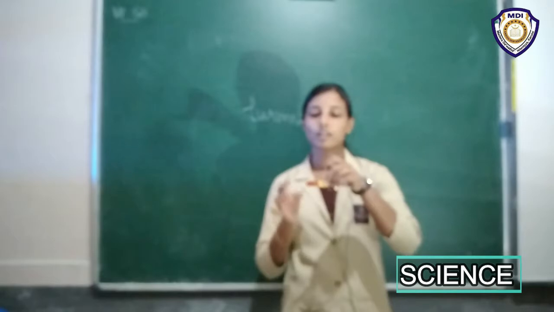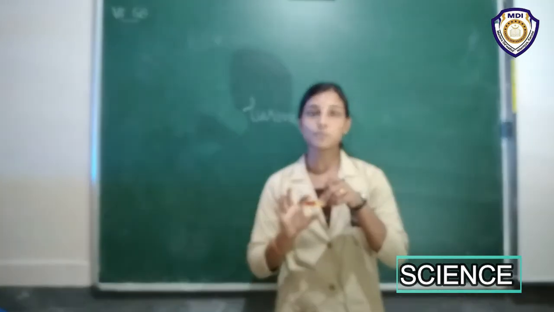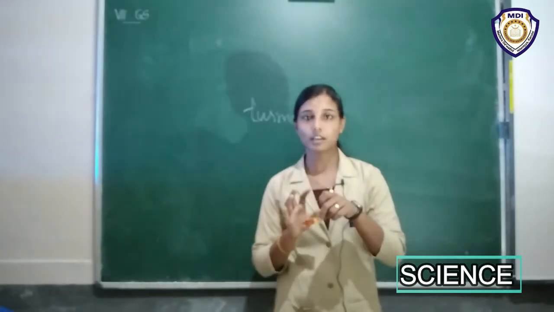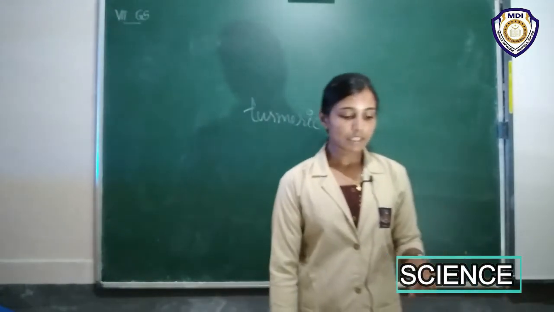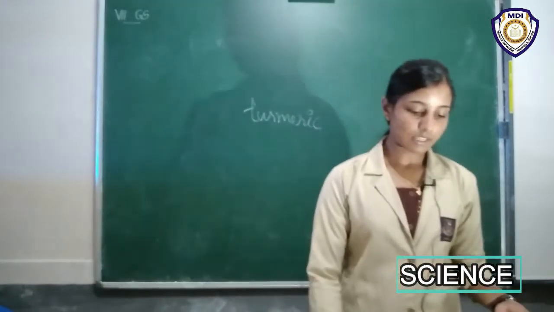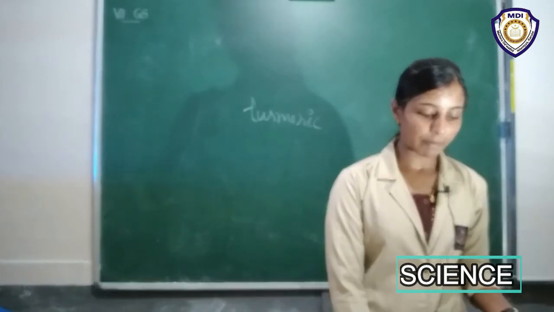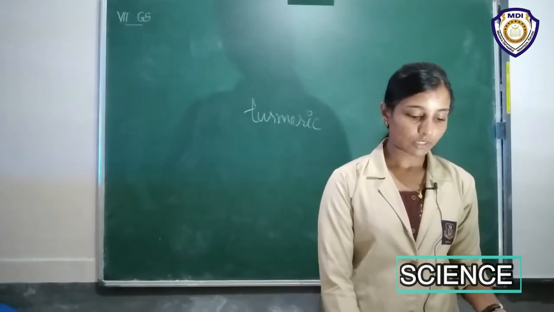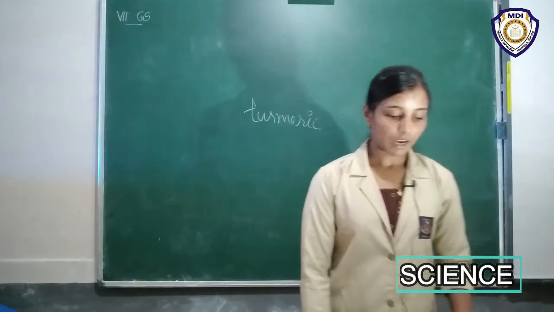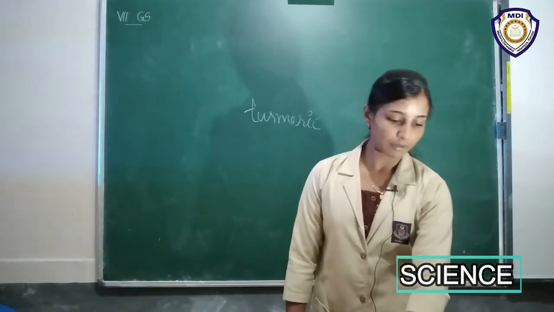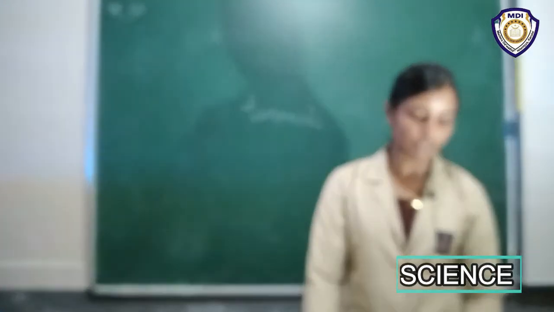Okay, so now we get the nature of soap solution, that it is basic in nature. Okay, so similarly test the solutions listed in table 5.3 and note down the observations, and you may try solutions of other substances also.